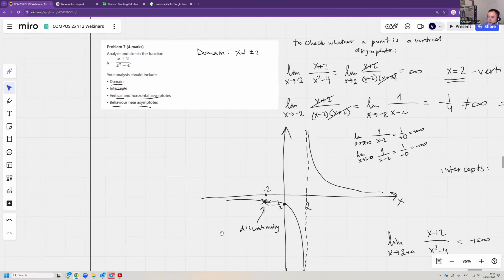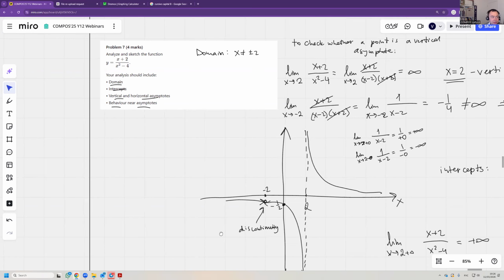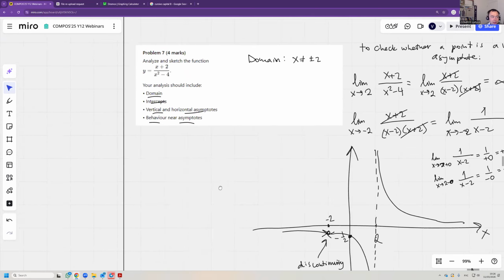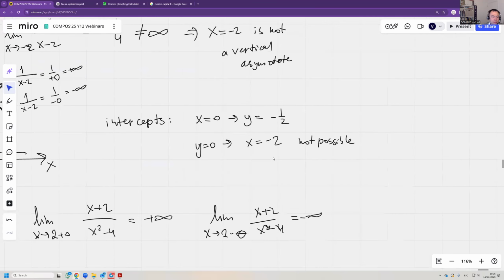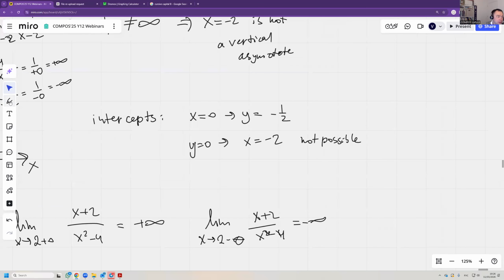But why is it not 0 when x equals negative 2? That's why I said it's not possible. Why is x not negative 2?